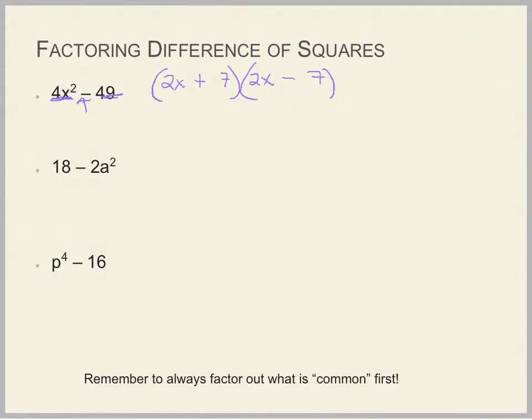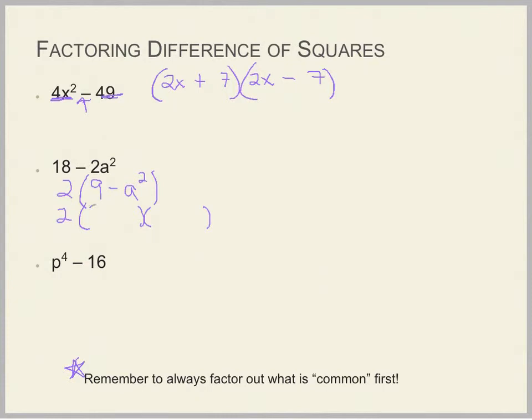18 minus 2a squared. Well, we have a hint to remember: always factor out the greatest common factor, and the greatest common factor in this instance is 2. Factoring that out, I have 9 minus a squared. Now, don't get 9 minus a squared confused with a squared minus 9. They're similar but slightly different. So, let's continue with how we know to factor a difference of squares, which is to look at what two same numbers multiply to 9.